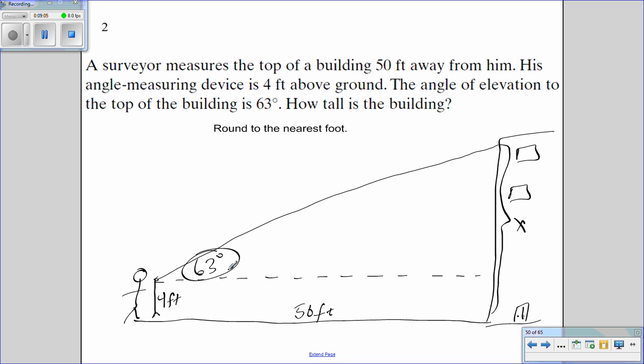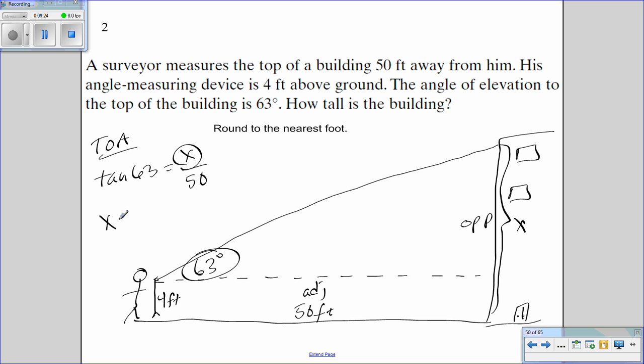Here's our angle. This would be opposite, and this would be the adjacent leg, so we're going to use TOA again. That's tangent of the angle, which is 63, equals opposite, which is x, over adjacent, which is 50. x is on top, so you're going to multiply.